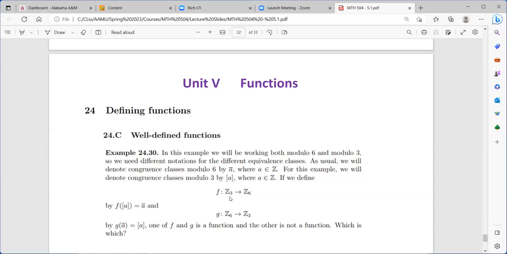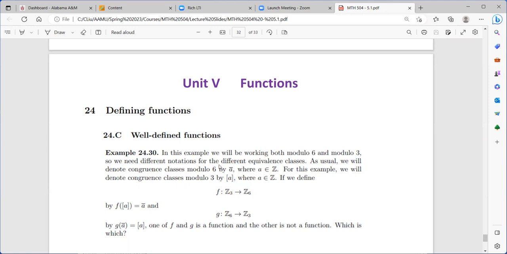So we have two types of classes. One type is the remainders of dividing by 6, and the other is the remainders of dividing by 3. And we call them Z6 and Z3, as you know.